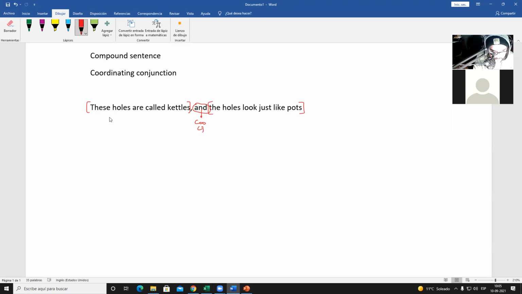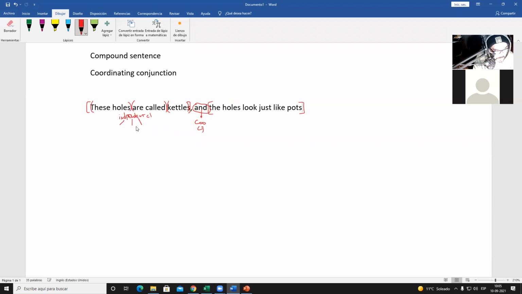So the very first thing I'm going to say is writing down that this is an independent clause. Then this independent clause is created by phrases, right? Because it's a clause. Which are those phrases? These holes, are called, and kettles. So three different phrases.